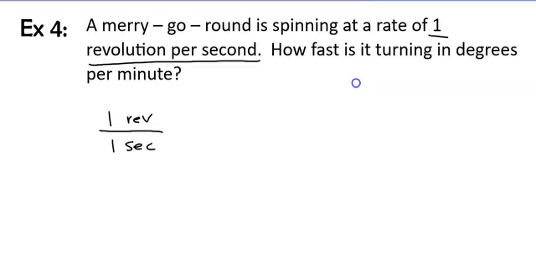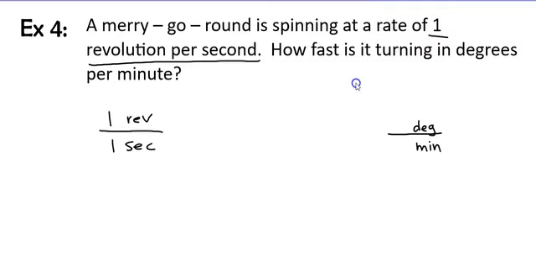You can put the 1 there or not, it doesn't really matter. Our question is, how fast is it turning in degrees per minute? So when we are done here, we want to be in degrees per minute. I don't know how many steps it's going to take, probably not many, but let's leave enough space so that we can fit in as many as we need to.